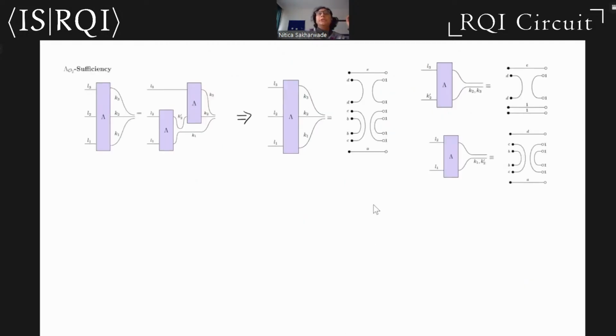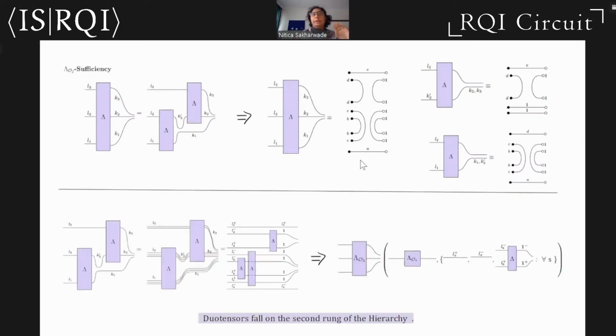And once you do this, you might realize, if you stare at it for long enough, that the lambda matrices can be understood in terms of these duotensor objects, which is beyond the purview of this talk, but I'm happy to talk more about it.